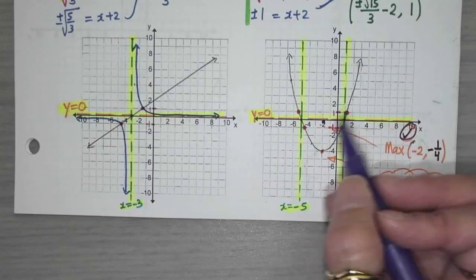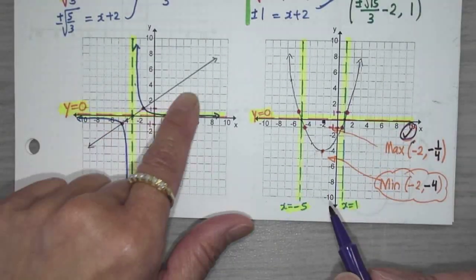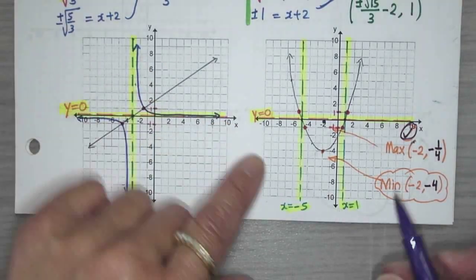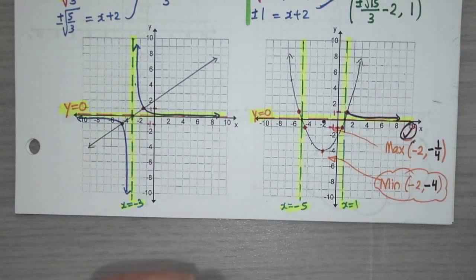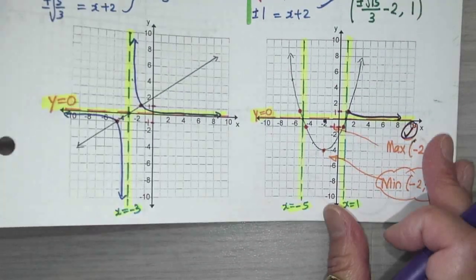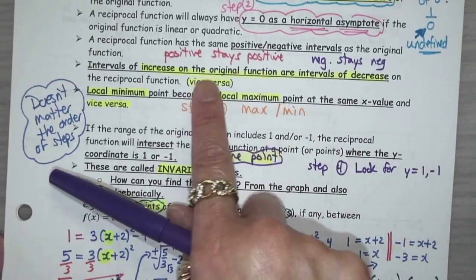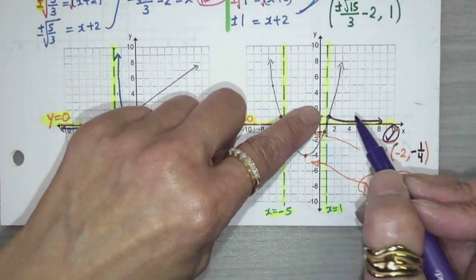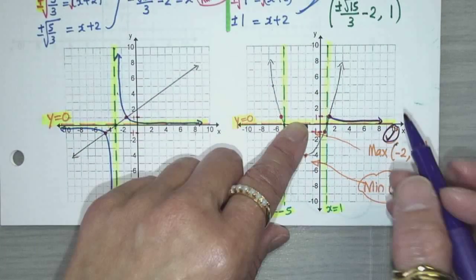Now, invariant means that it's on the same one. See how it's heading away from the x-axis, which means it's heading towards. Heading away means heading towards. That's the way I always think of it. Where it increases, it decreases. Where it decreases, it increases. So increase becomes decrease.